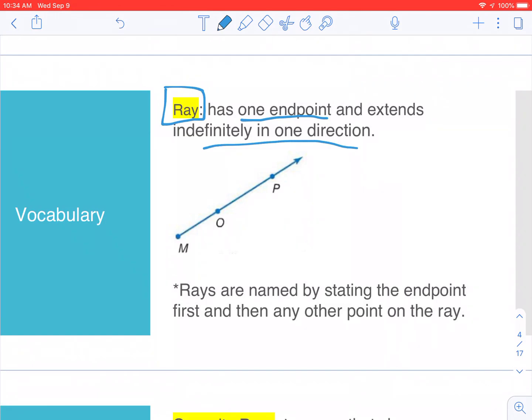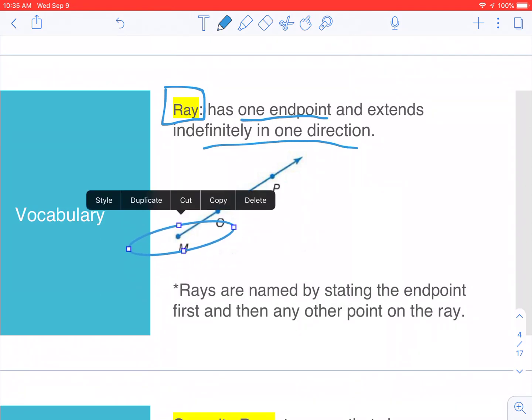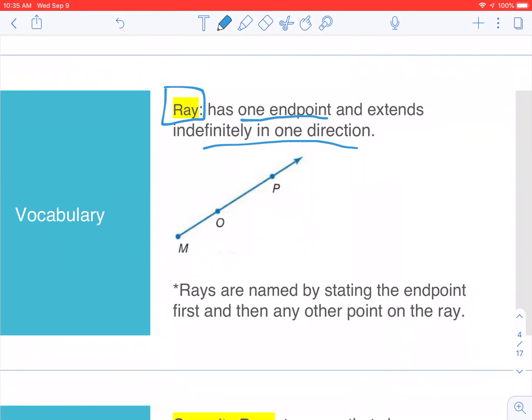So we can think about it as one side of it, like down here at point M, is like a segment. The other end will have an arrow like a line. So we would call this ray, we would draw a symbol like that, ray MP.